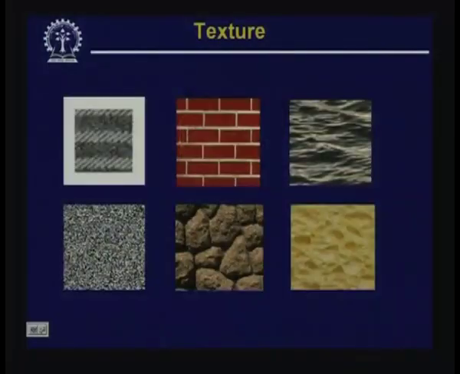In some cases, these textures contain some primitive elements, and by repetitive appearance of the primitive elements, either completely periodic or semi periodic, we get a texture image. These primitive elements, or the group of pixels which form a texture, are called the texture elements or texels.